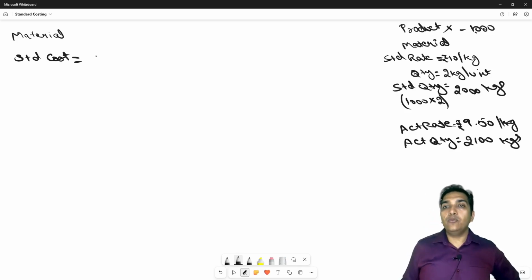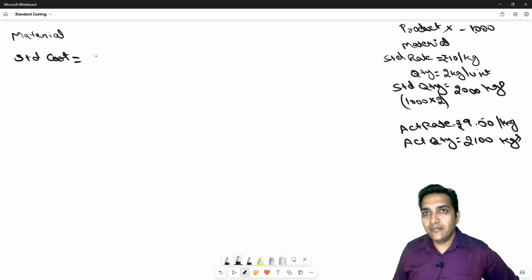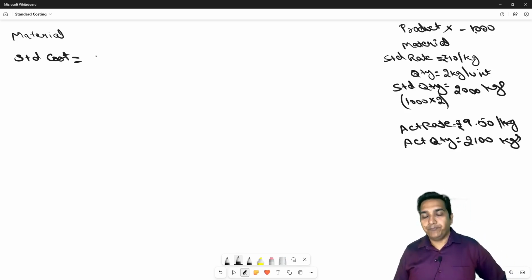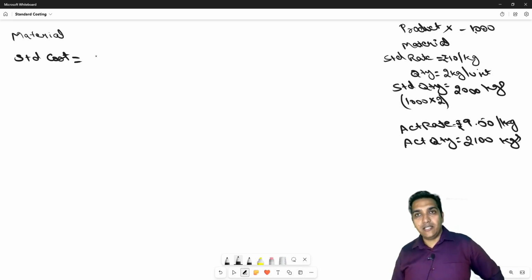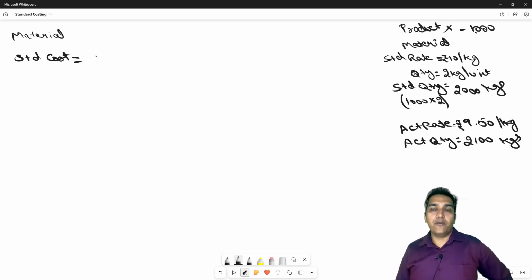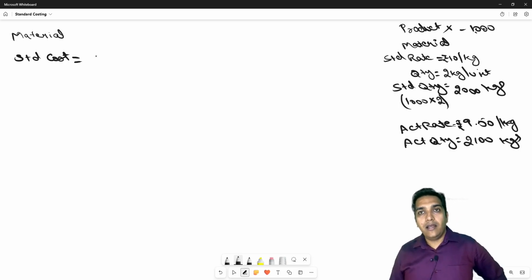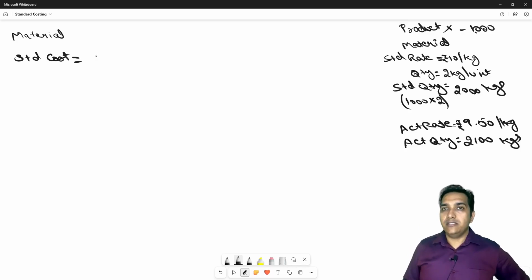Now, in our example, what is my standard cost? To manufacture product X, I need material, and for every unit of product X, I need 2 kgs of material.